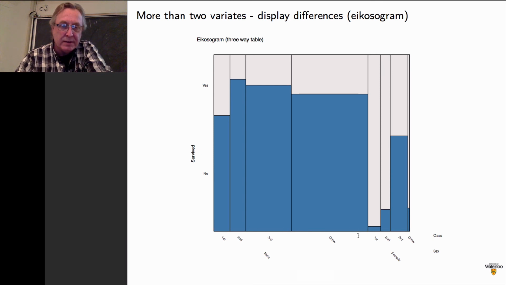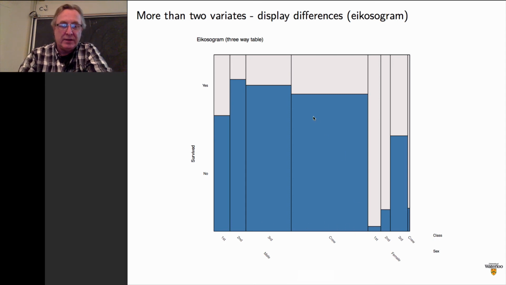Those are the males. They do not survive in blue. They do survive in gray. Females are on the right. You can see the proportion of females is much smaller, particularly very few crew members that are female. The largest group of females is third class. The largest group of males is in the crew.